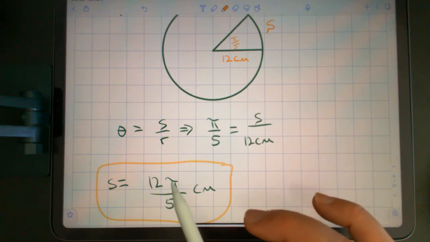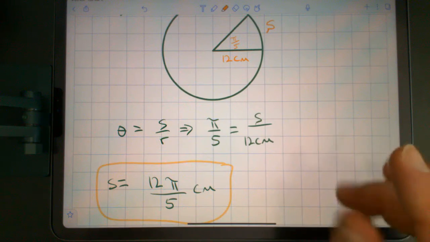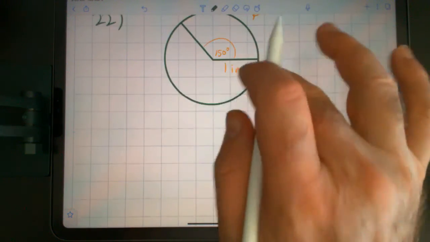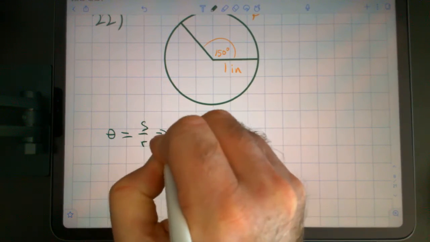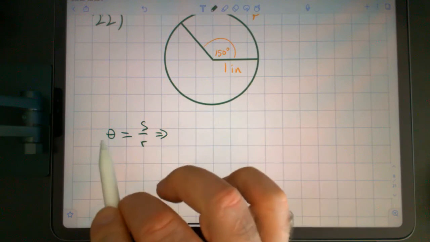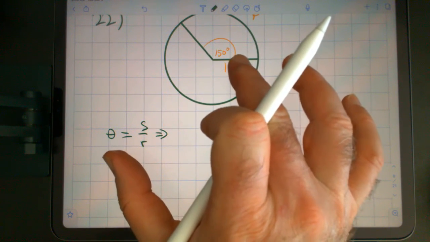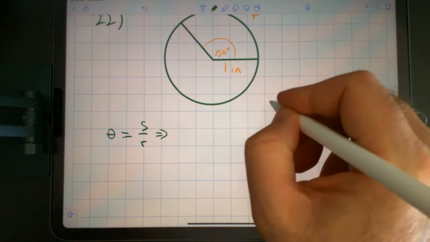Yes, this is longer than 2 pi, but your radius is also longer than 1. Your theta needs to be in radian measure, not degrees. So let's convert this to radian measure.